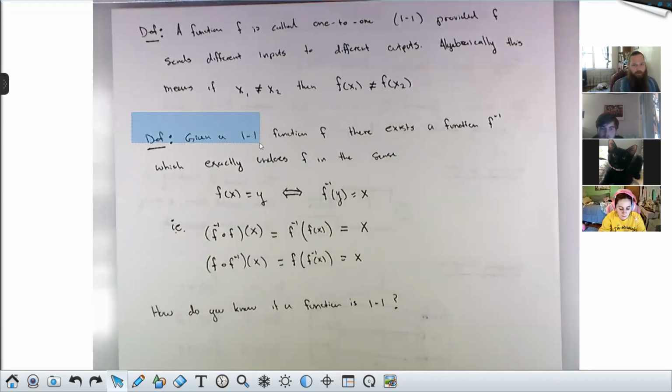This definition says, given a one-to-one function f, there exists an inverse. So we have to be able to first check, is f one-to-one? If f isn't one-to-one, I can't do this.